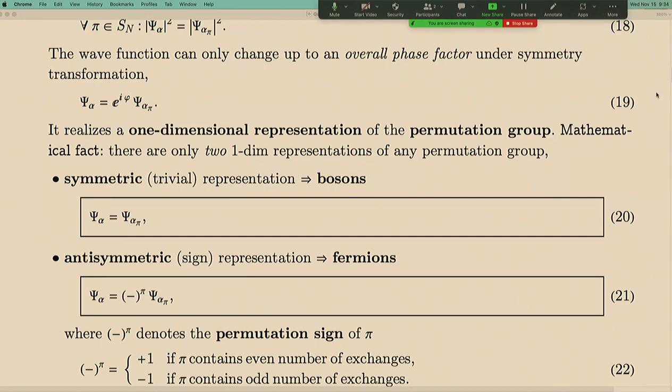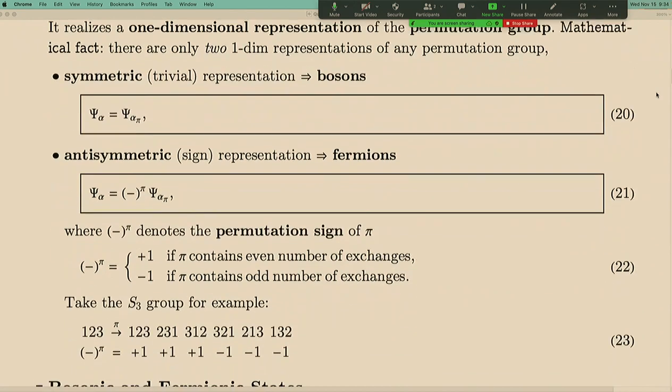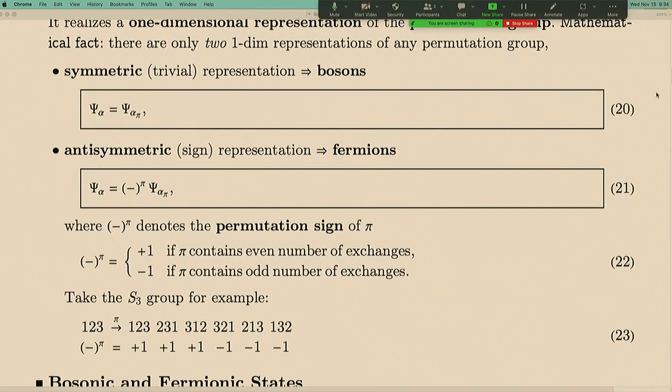And then there's another solution where every time you exchange, you get a minus sign. So if you do a generic permutation, which is just a combination of exchanges, then there's a permutation sign associated with each permutation.